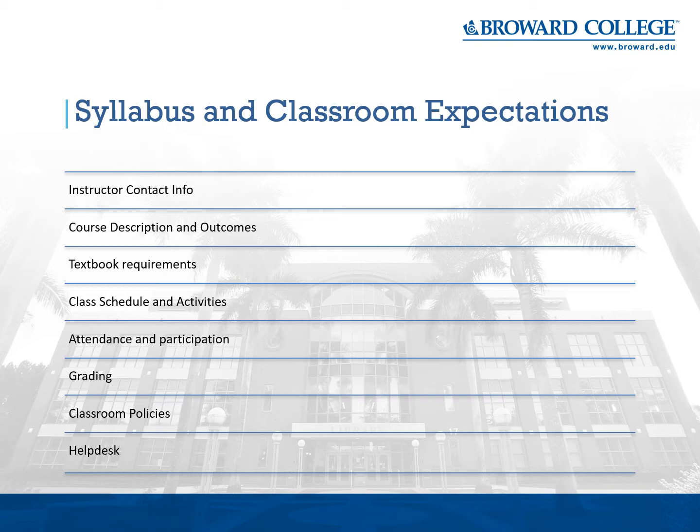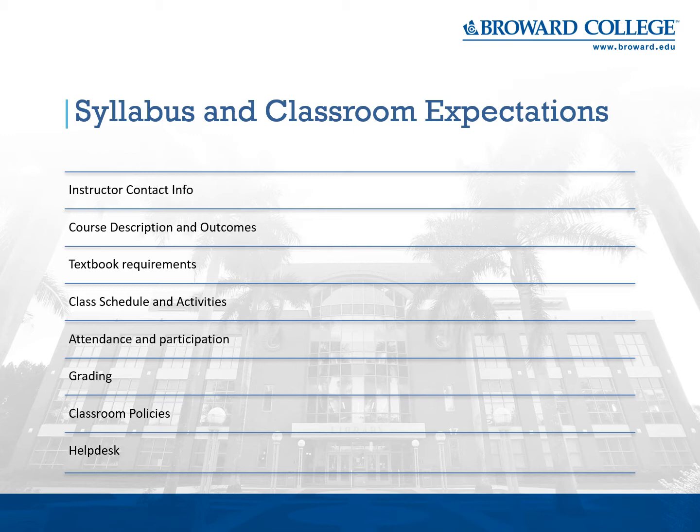There's usually a course description and the outcomes of the course, which is important because when you transfer, you want to know that the outcomes of the course match the transfer college or university's outcomes. It tells you about the textbook requirements. Sometimes it might even tell you how to purchase it. It tells you about a schedule of the class, what you can expect.